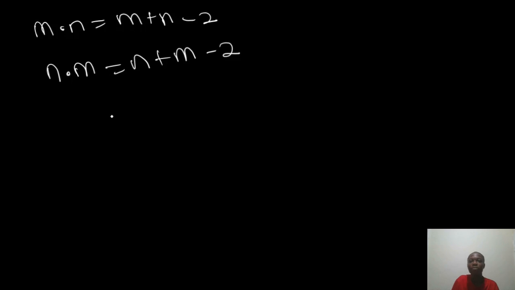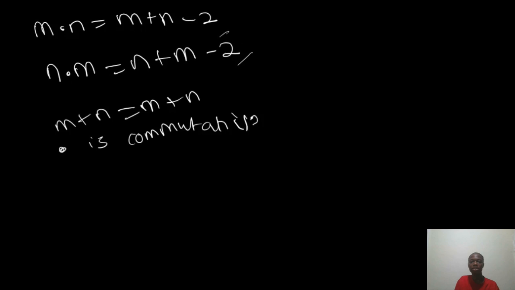Now m plus n is the same as n plus m, and if you subtract 2 from it, you are going to get the same thing. So this and this are the same. So we say that the operation dot is commutative.